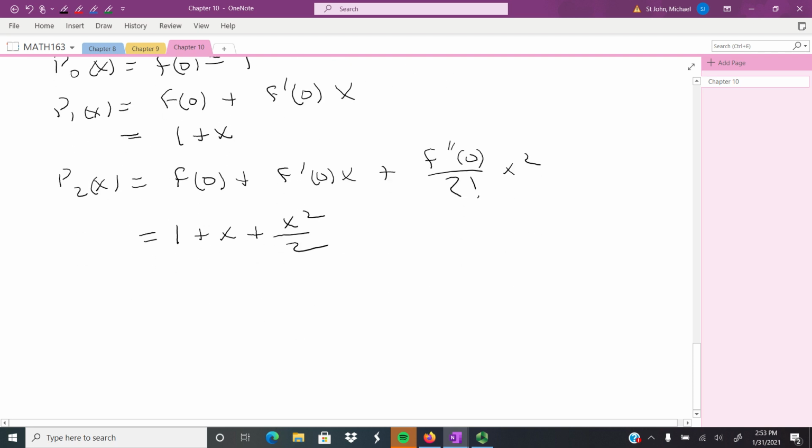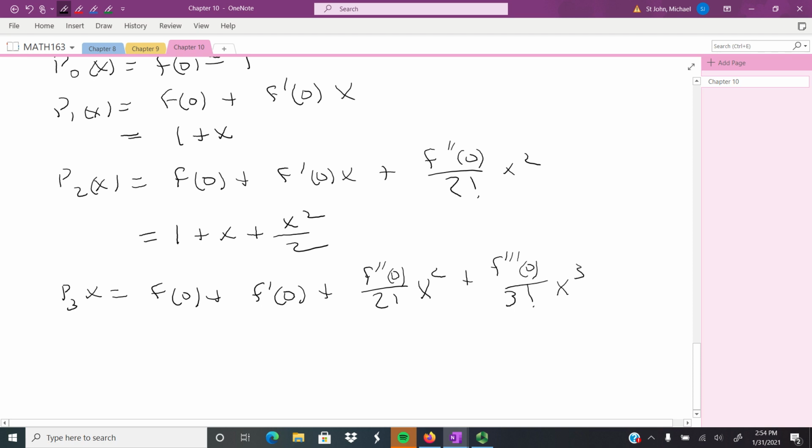And then if we do the third term, and we can keep going on this, this is going to be f of 0, the derivative at 0, the second derivative at 0, the third derivative at 0, and so this is 1 plus x plus x squared over 2 plus x cubed over 6.